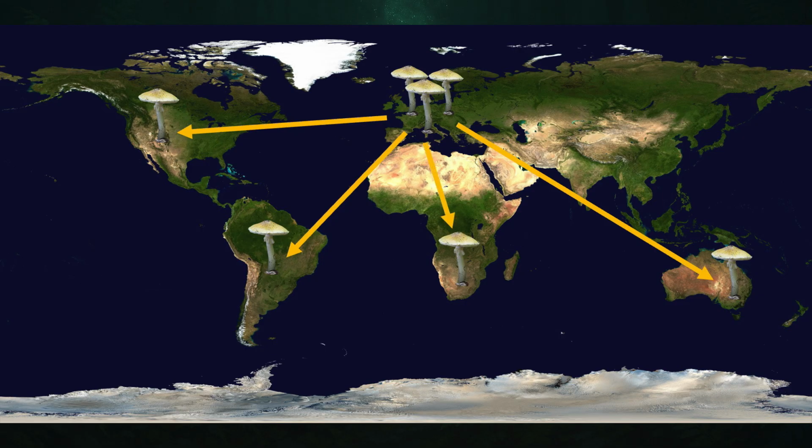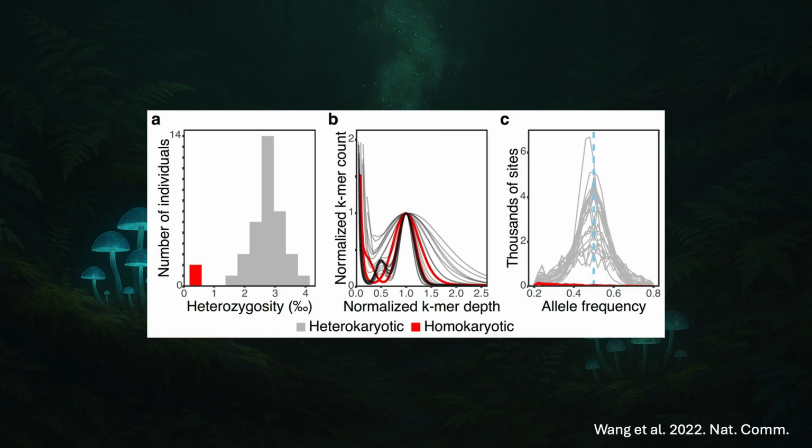Indeed, death caps are originally native to Europe, but got spread to different continents, including America, Australia, and Africa. During my PhD, I studied the introduced population of death caps in California by investigating their genomes. Unexpectedly, we found two different kinds of death caps, one with two copies of its genome and another with only one.